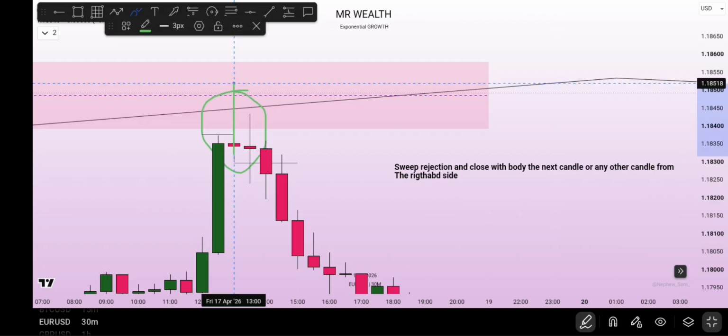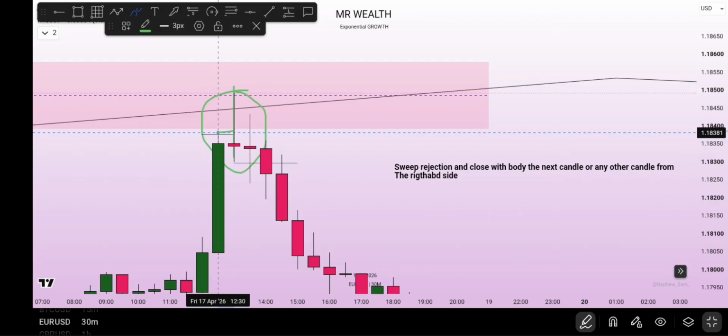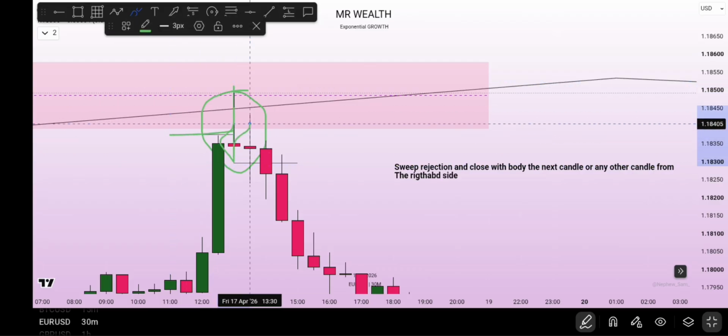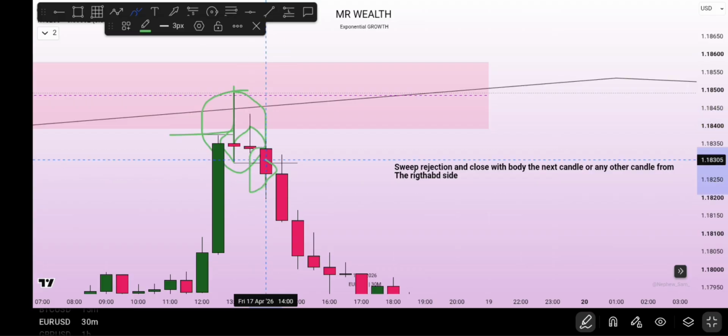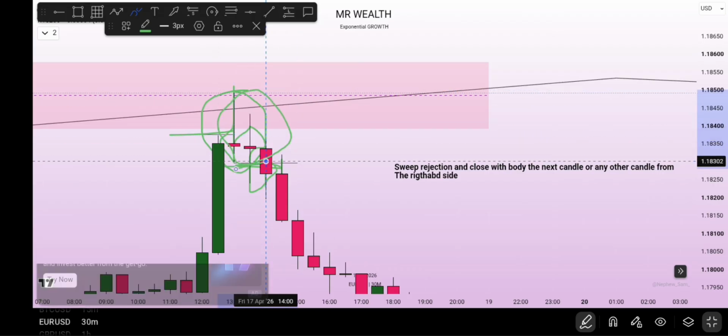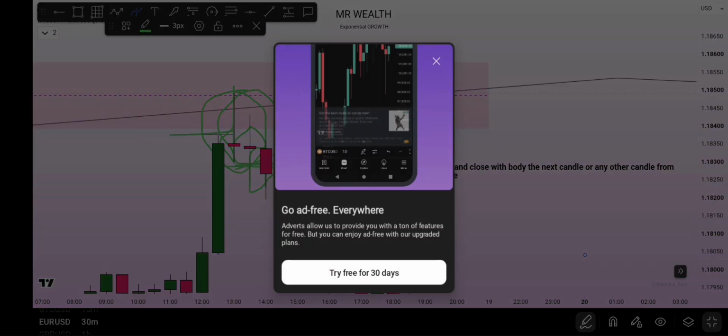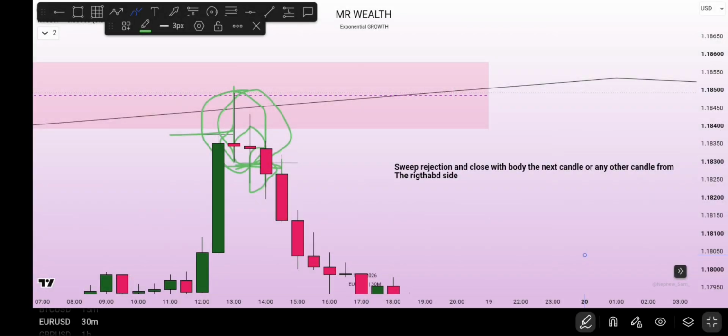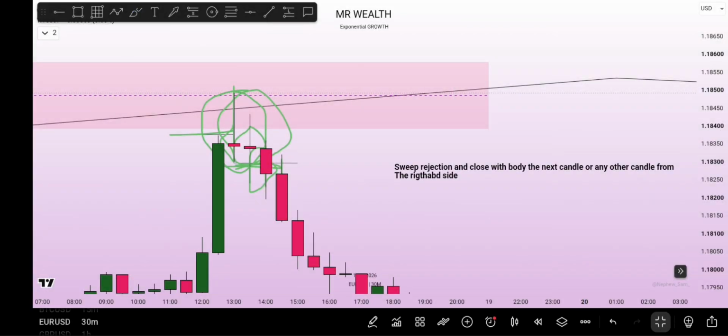The candle moved, rejected, swept, then came up to another candle. This candle closed the body. So this candle came to trigger it, and this full liquidation candle is our entry. That full liquidation candle is our entry.